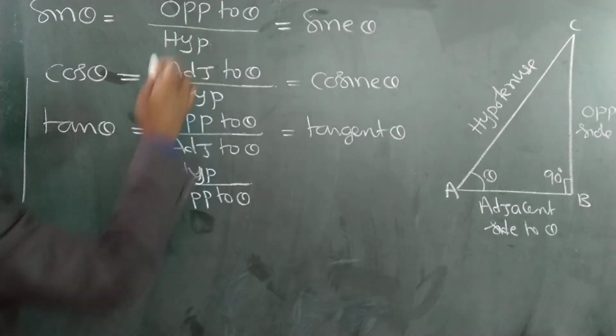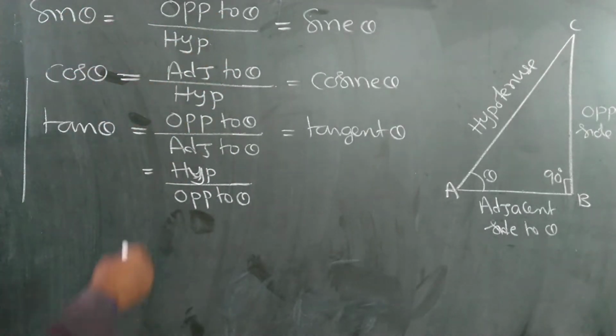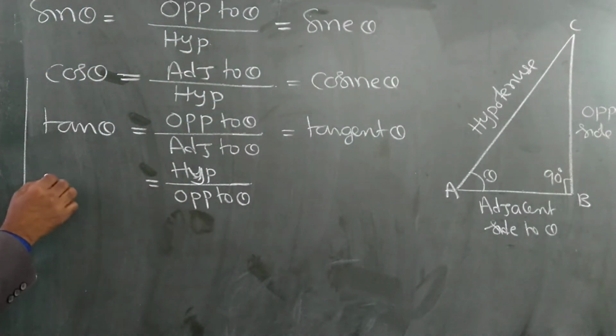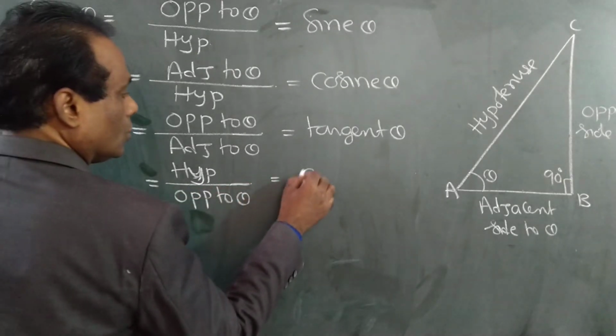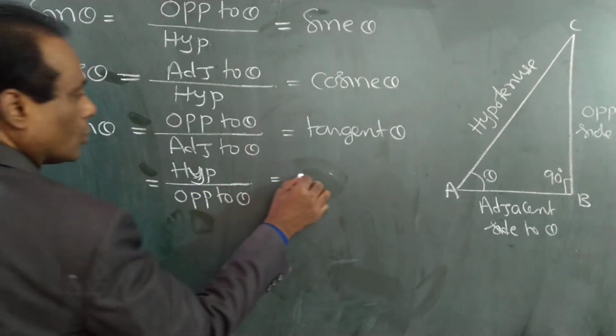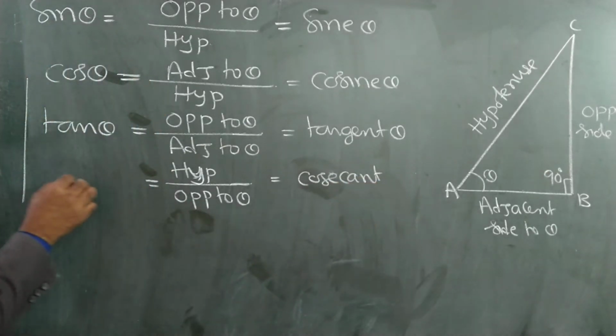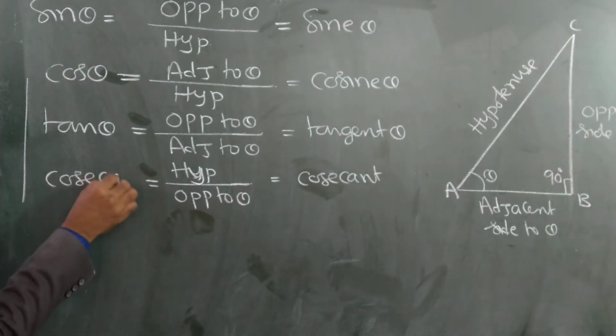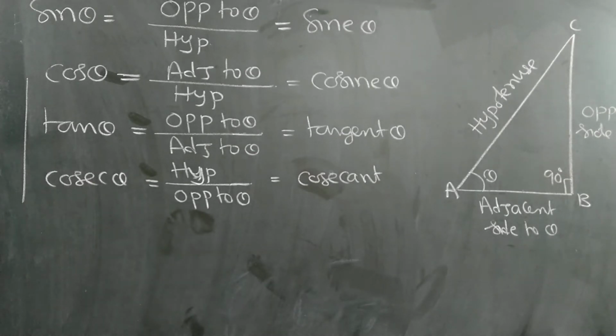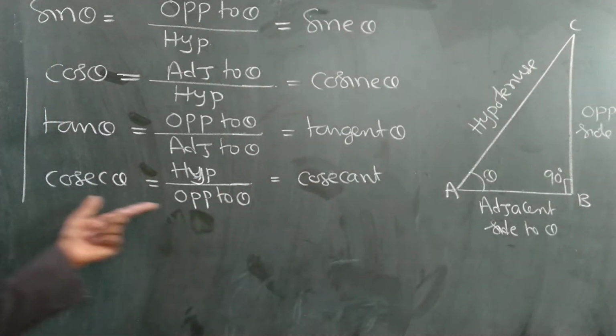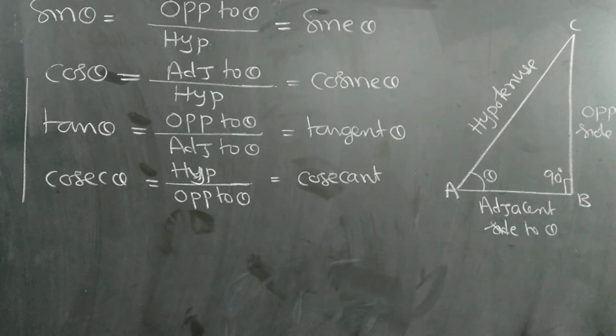The same ratio, in reverse if you write, the name of that ratio is cosecant. In the short form, we write only cosec theta. Full form is cosecant, but short form we write cosec theta.